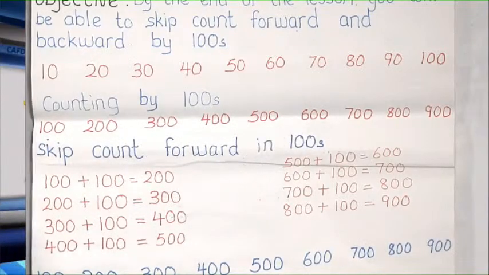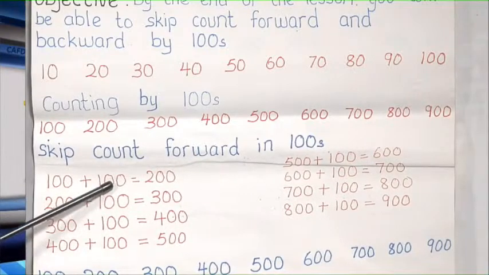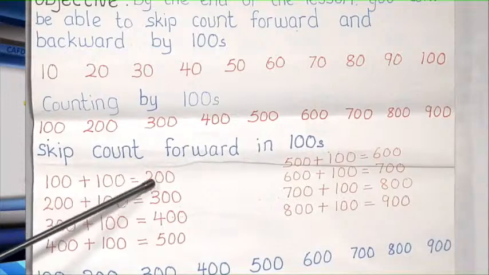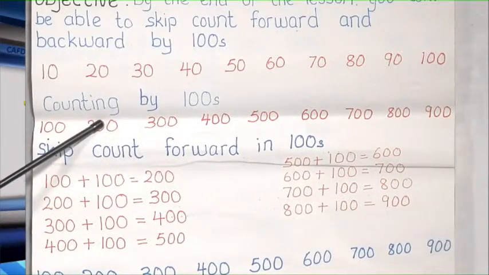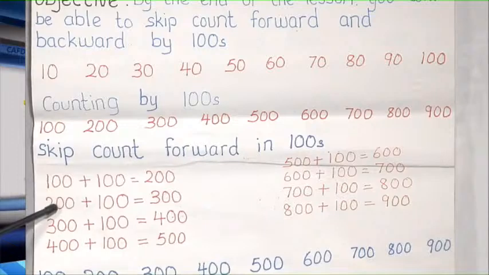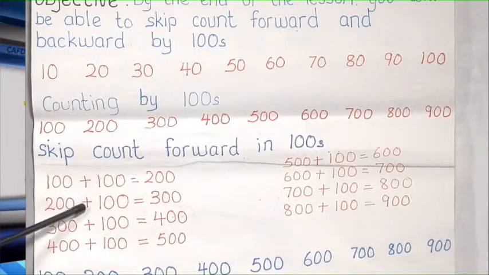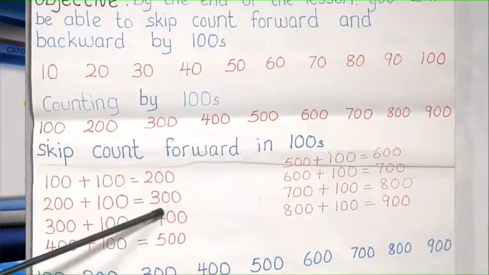Now, learners, we are saying that when we skip count forward in hundreds, we've seen that. Here, the first number was what? 100. So we are supposed to add 100 to it. And this is what we did to get 200, which is here. So with the 200, we also add another 100 to it so that we get what? 300.